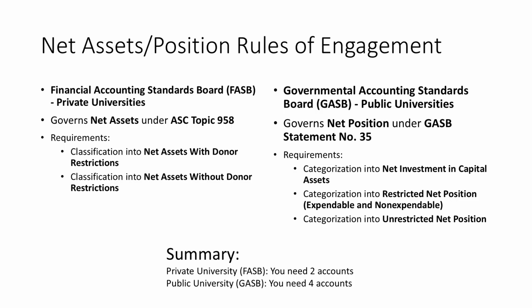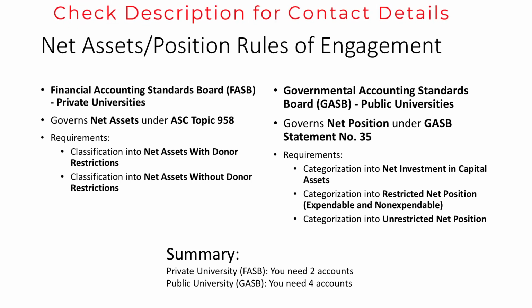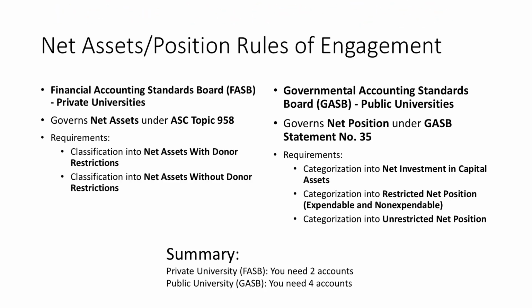Feel free to take a moment and pause the video to read this, but basically what we're talking about here are the rules of engagement for how to handle net assets for FASB and how to handle net position in GASB, how they have to be classified for reporting. And essentially in private, you need 2 separations for net, and in public you need 4.